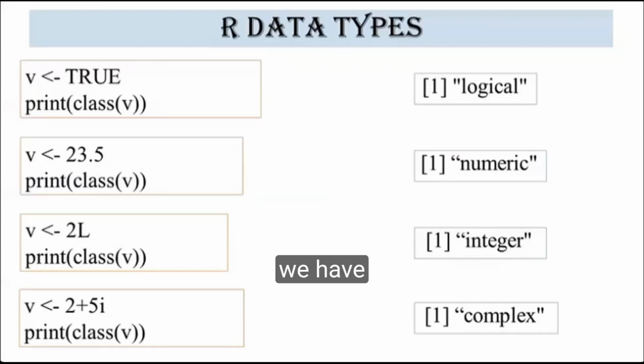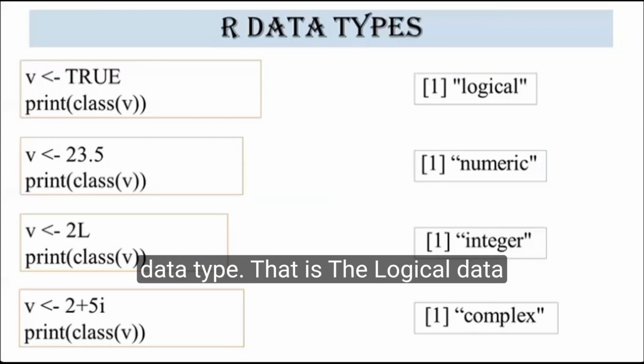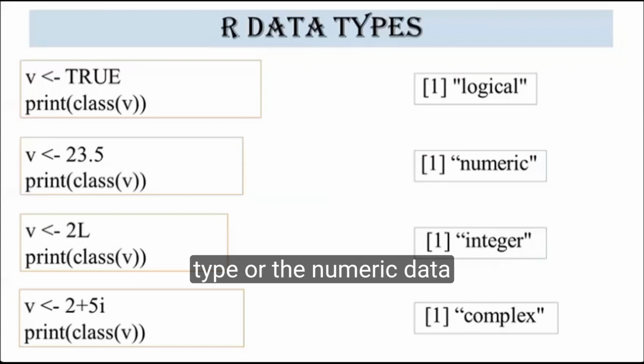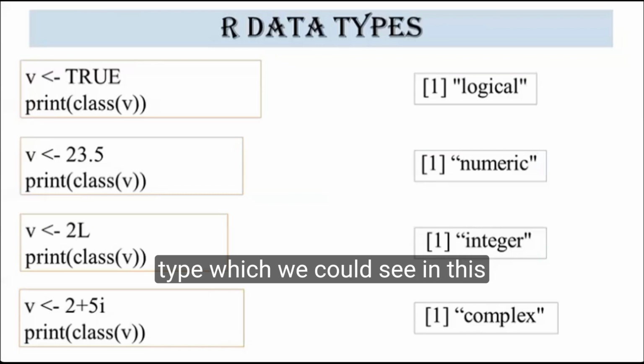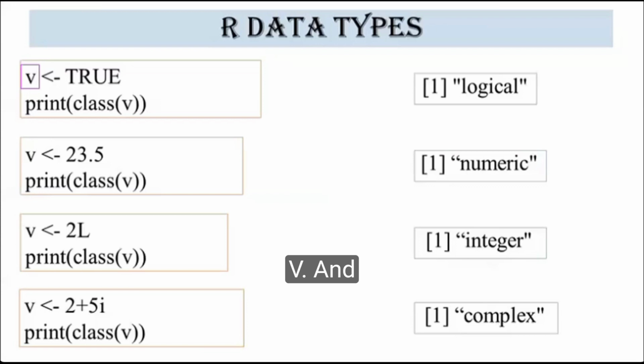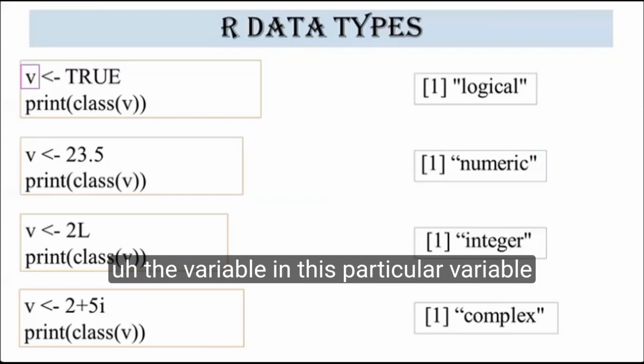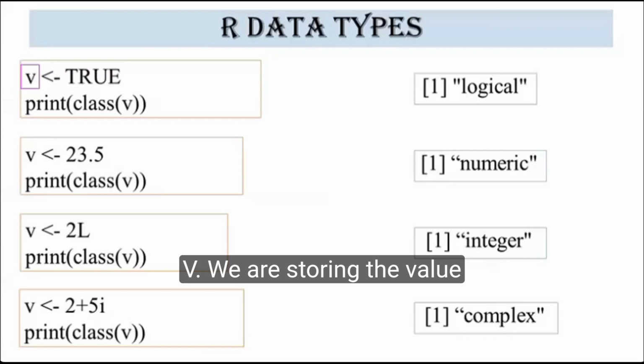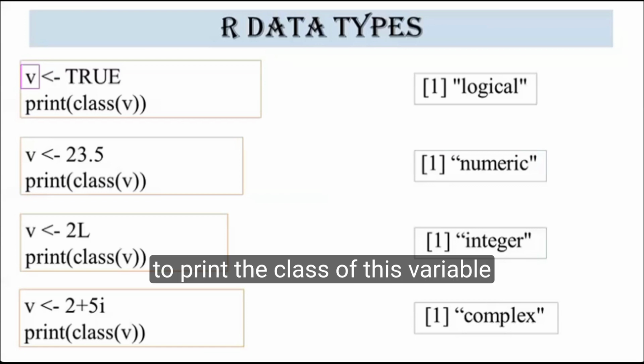Like we have the logical data type, the numeric data type, the integer data type, or the complex data type, which we could see in this particular example where we have set the variable v, storing the value TRUE, and we try to print the class of this variable v.